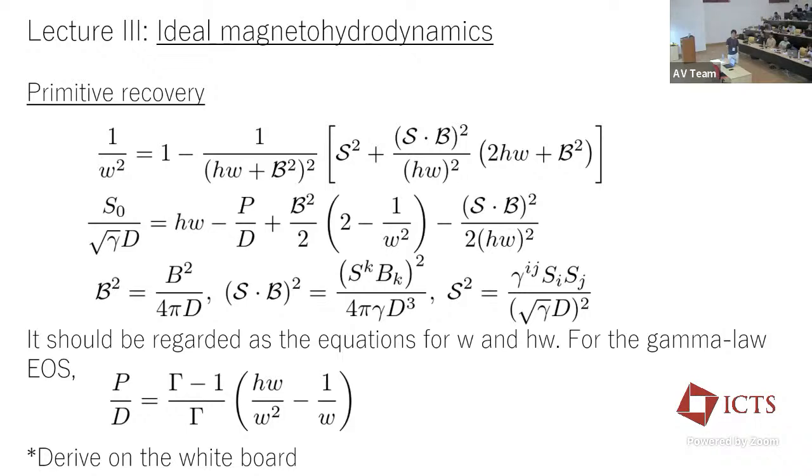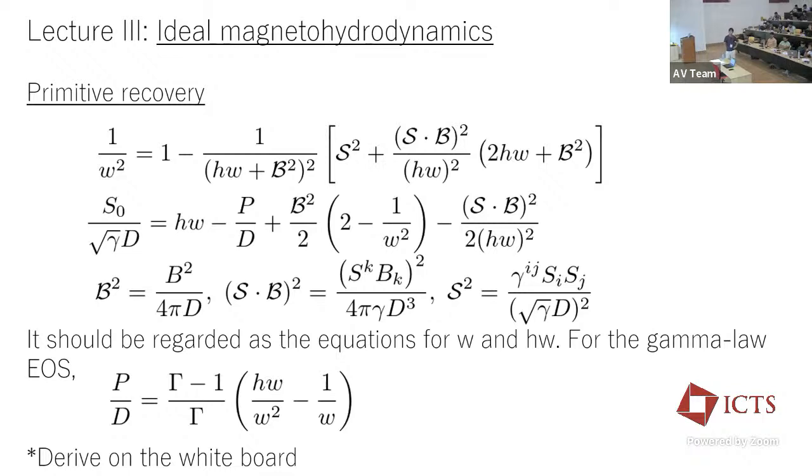So we don't know the value of H omega and the pressure, which depend on the equation of state you assume. And then by assuming the equation of state, you can close this relation, because this equation should be regarded as the relation between omega square and H omega. And this equation also gives you the relation between H omega and omega square, right?